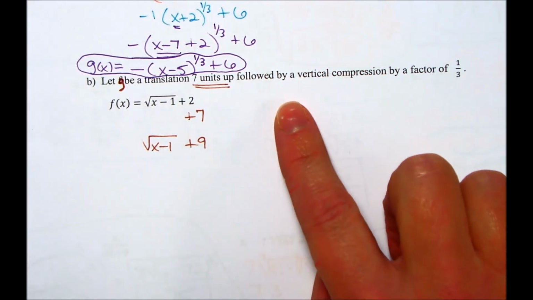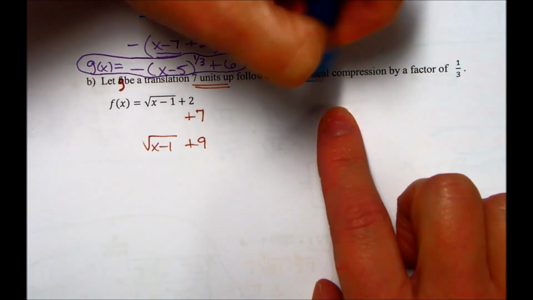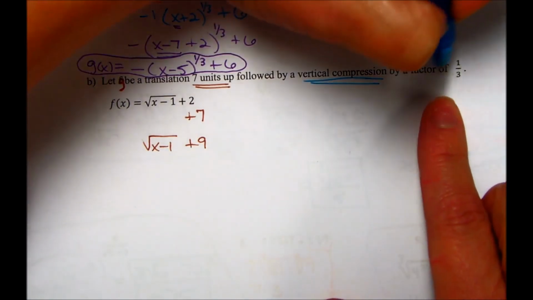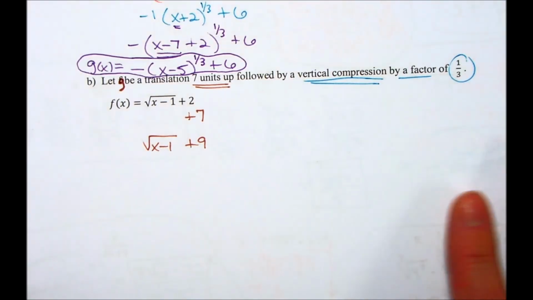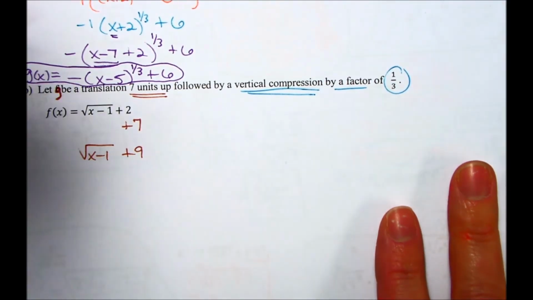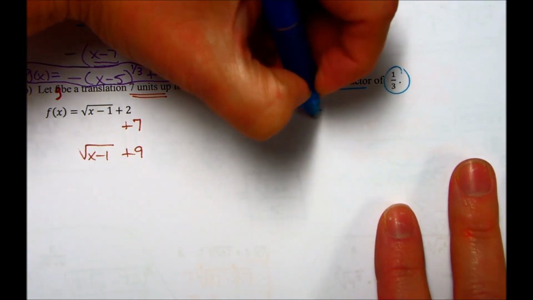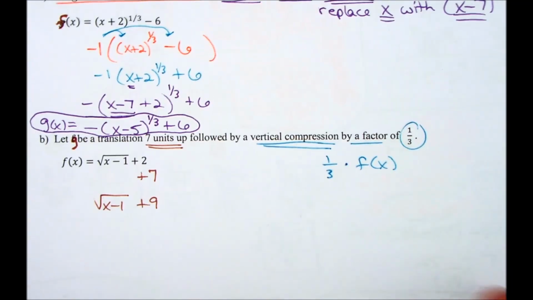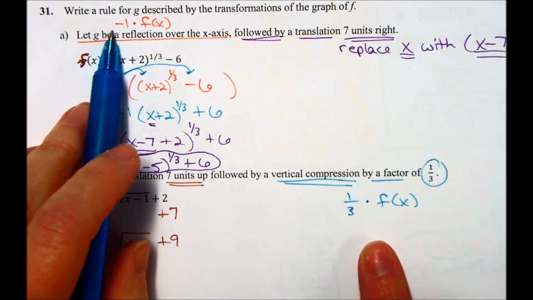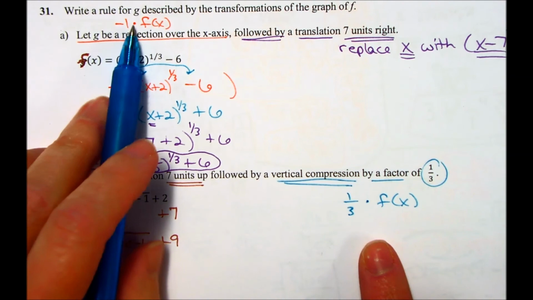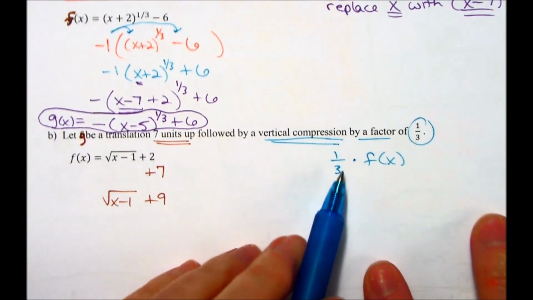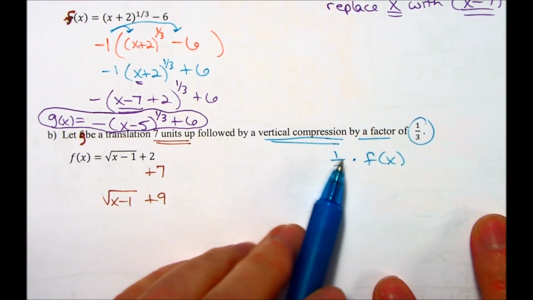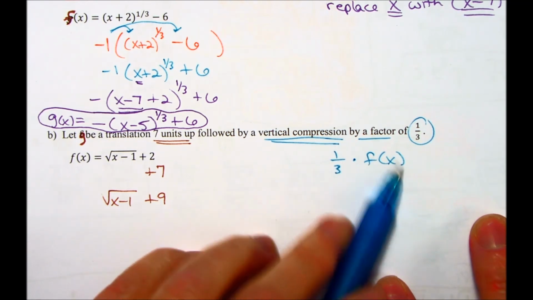But then it says followed by a vertical compression by a factor of 1/3. So normally when we have a vertical stretch or vertical compression, we take whatever that number is times our f of x. So sort of like what you had to do when you were reflecting over the x-axis, you would take the -1 times the whole function. Well, with a vertical stretch or vertical compression, you're going to take that number times the whole function.